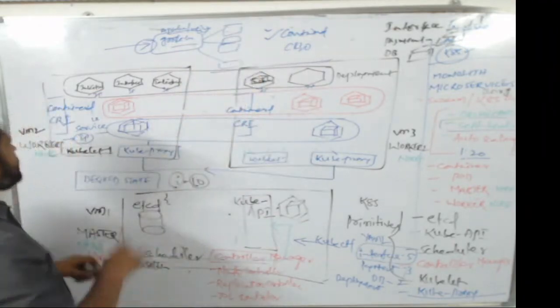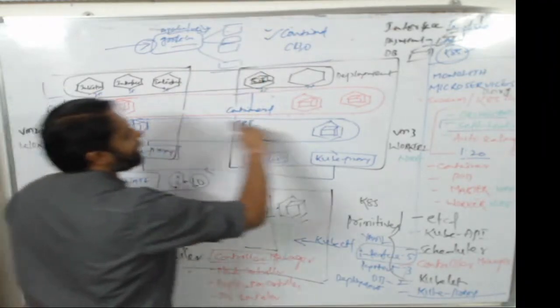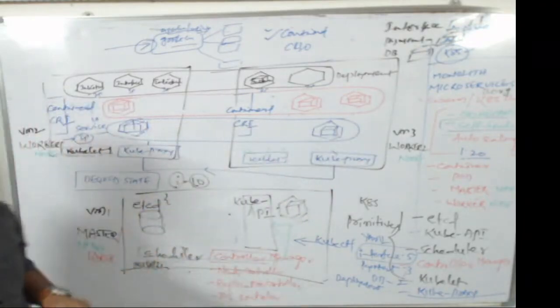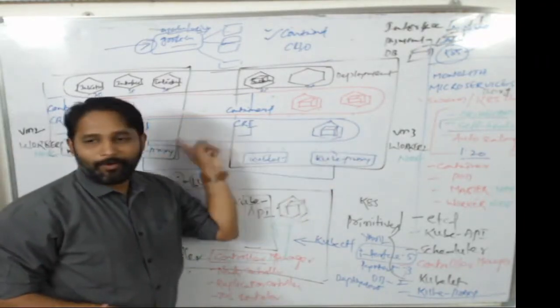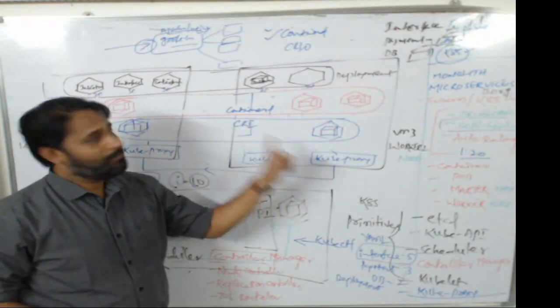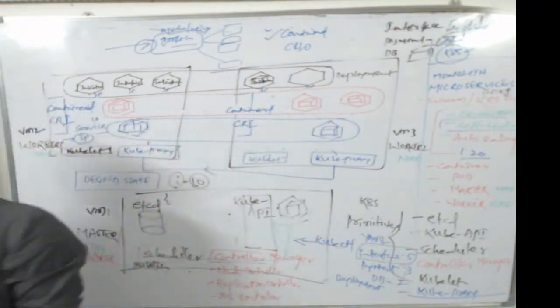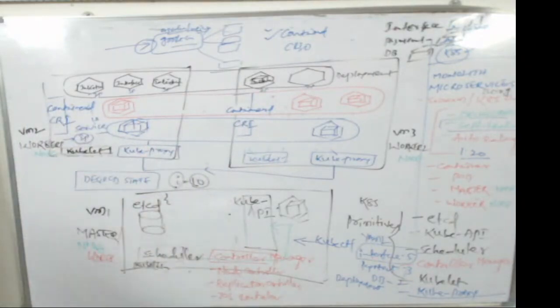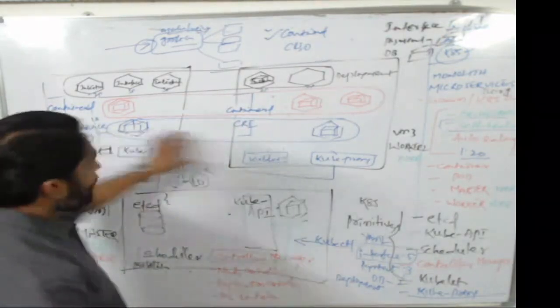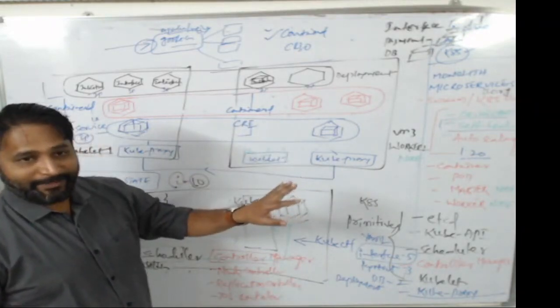Same thing here. So a service is basically an IP representing all the pods. Now there's a significant difference between a deployment and a service. What is it? A deployment is also a group of pods. A service is also a group of pods. What's the difference?